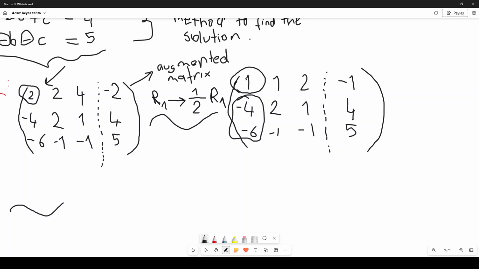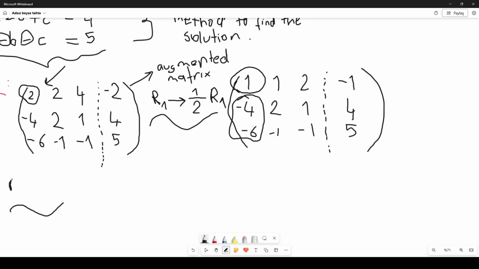I can use R1, or I can multiply the first row by some real value and then add it to R2 or R3, so that I can eliminate -4 and -6. Okay, how can I do that?